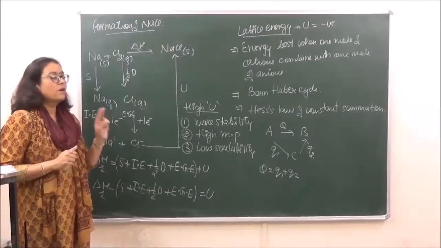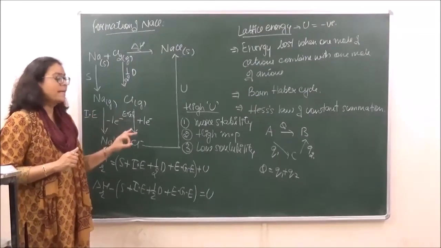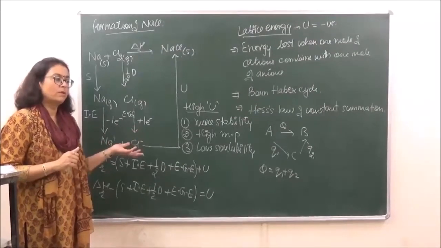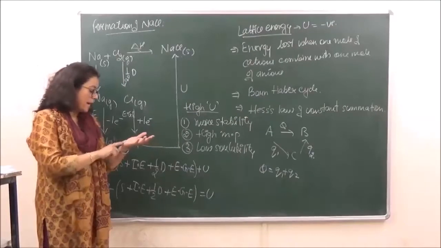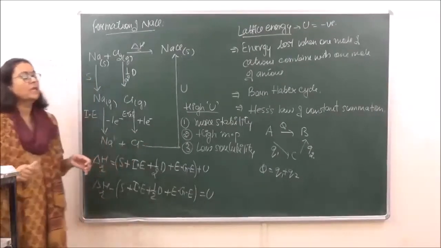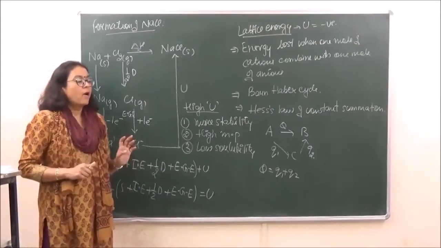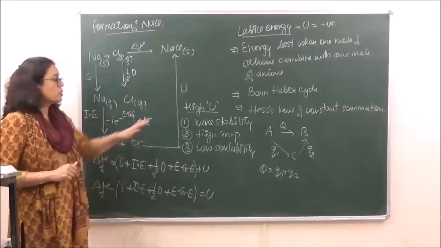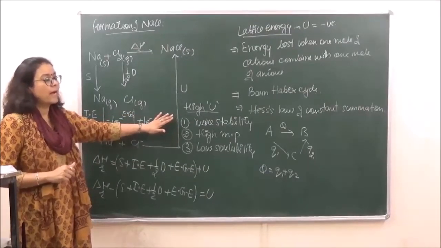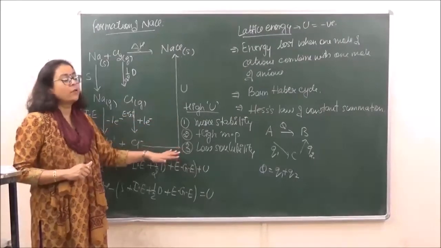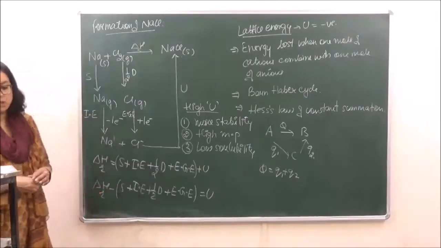If the hydration energy is higher than the lattice energy, those ionic compounds are soluble in water. On the other hand, all those which have a high value of lattice energy in comparison to hydration energy are going to have low solubility, right? So this is what lattice energy was all about.